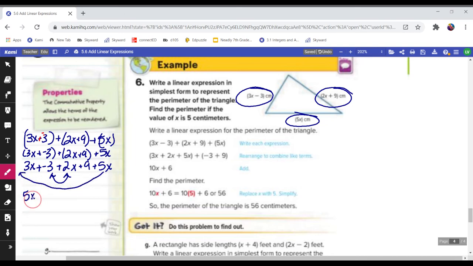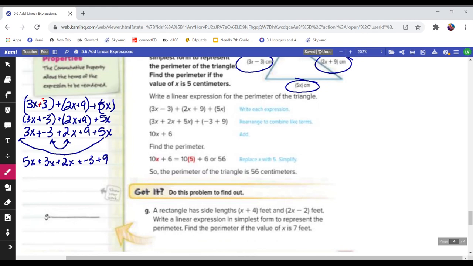So that becomes 5x plus 3x plus 2x plus negative 3 plus 9. I put the 5x out in front so it was next to 3x. 5x plus 3x plus 2x becomes 10x. Plus negative 3 plus 9 is 6. So that becomes 10x plus 6.